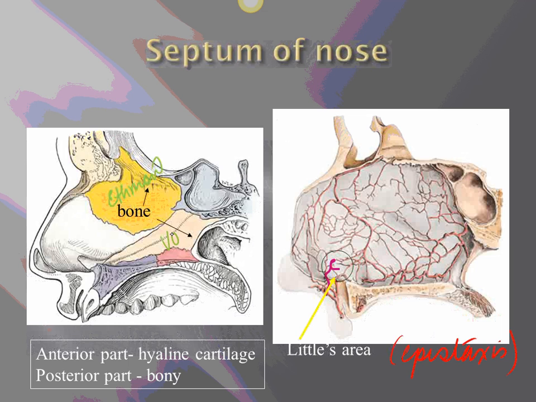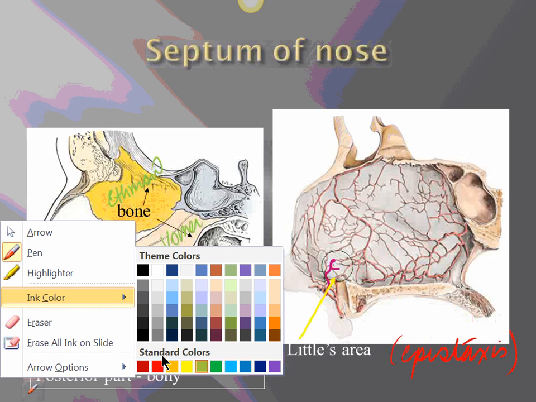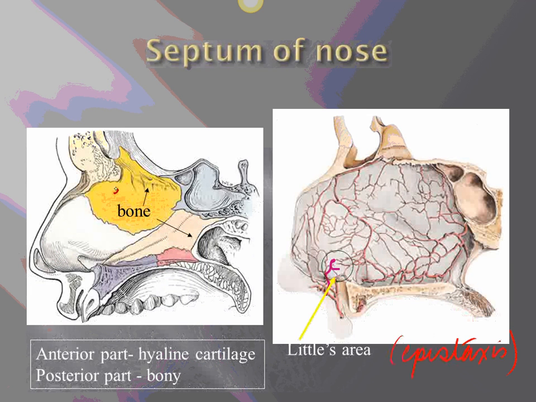And this one here is the vomer. So the posterior aspect is bony. So this is the ethmoid. And this is the vomer. And here is hyaline cartilage.